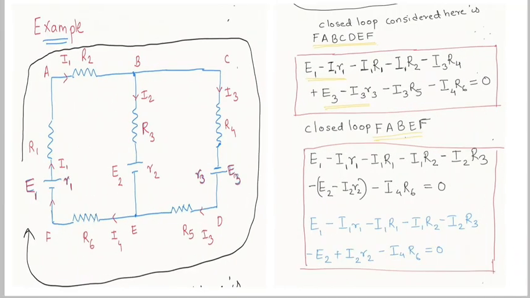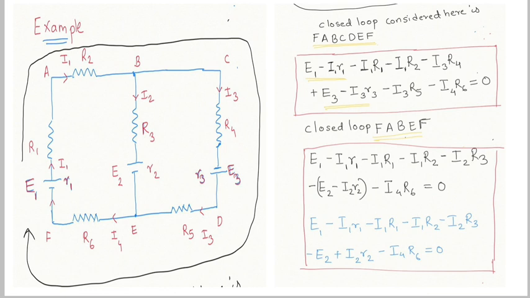Therefore the EMF term will be E3 minus I3 r3. Next is R5, same direction, so again negative. Last is R6, again the same direction, so negative, and the sum equals 0. I hope this is clear.